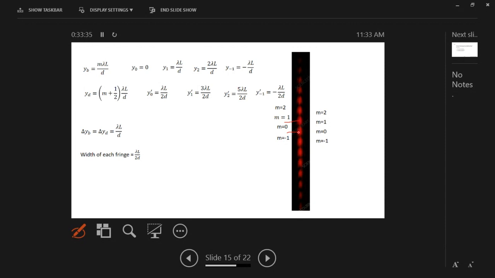I have 1/2 of the width of this bright fringe. Then I have one full width for the dark fringe. So far I have 1.5. And then I have another half for this bright fringe. So I have 2 full widths from here to here, and that's lambda L divided by D. So you can say the width of a fringe is lambda L divided by 2D.